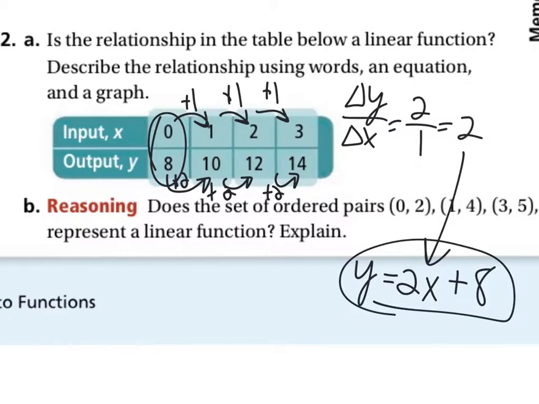That would be our adjustment. So that would be our equation. So the pattern was consistent again, so yes, we would say it is a linear function, first of all. That's our equation. Using words, we could say, multiply the X value by 2 and add 8 to get your Y value.